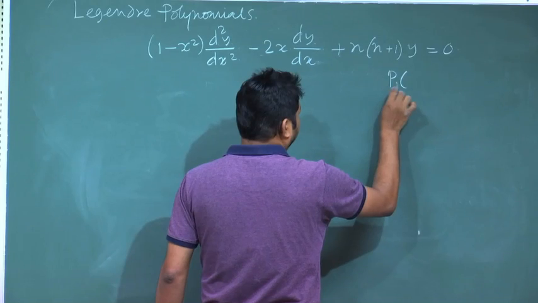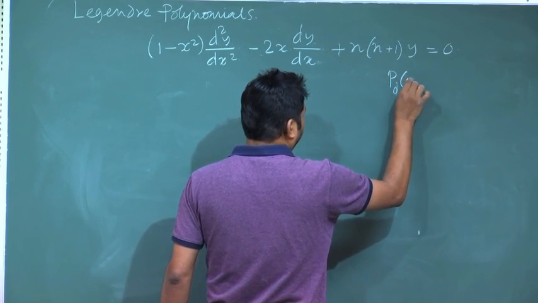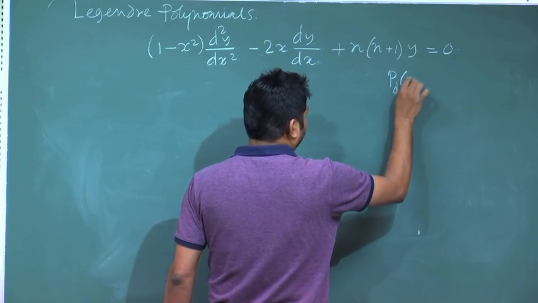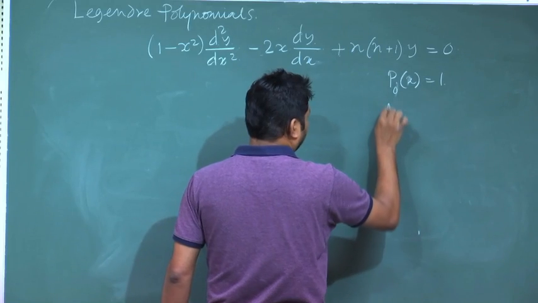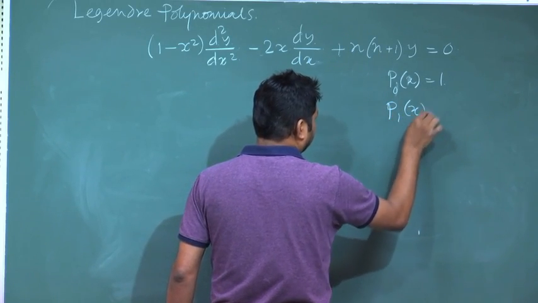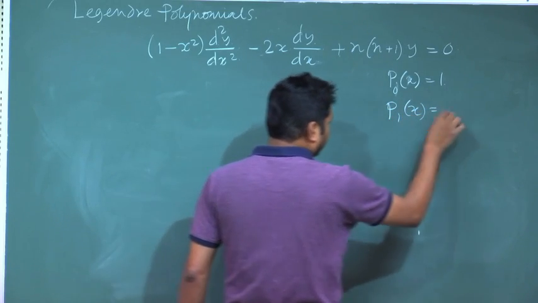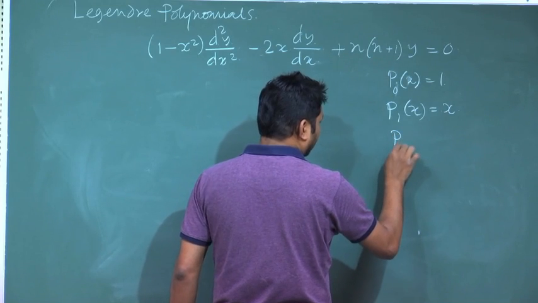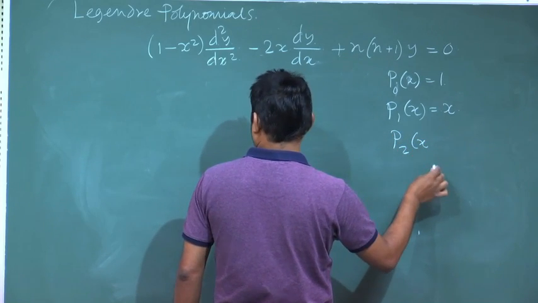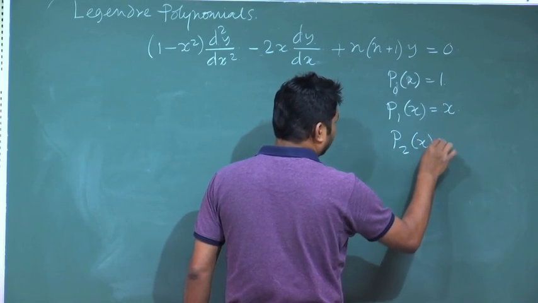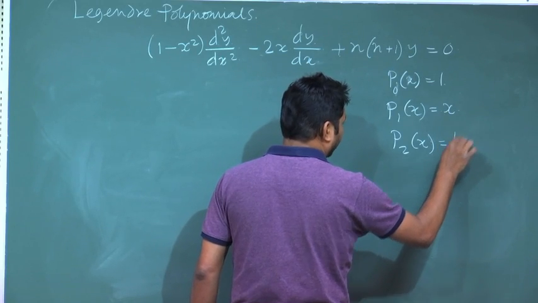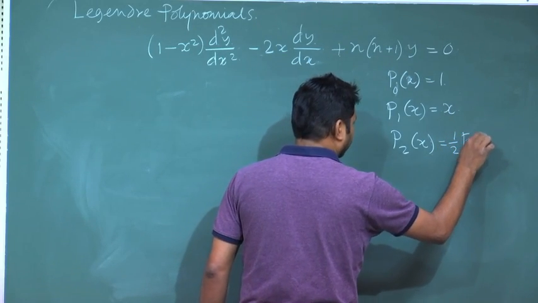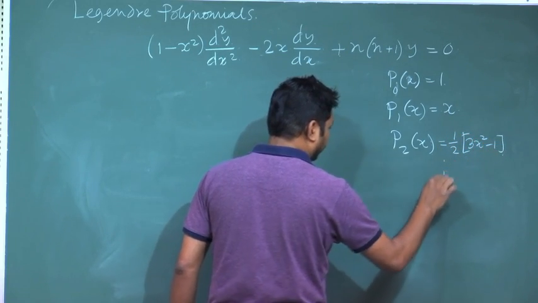Say P0(x) is 1, P1(x) is x, P2(x) is half of 3x squared minus 1, and so on.